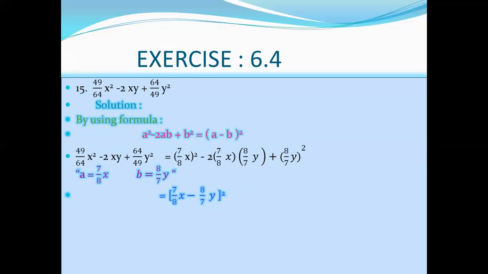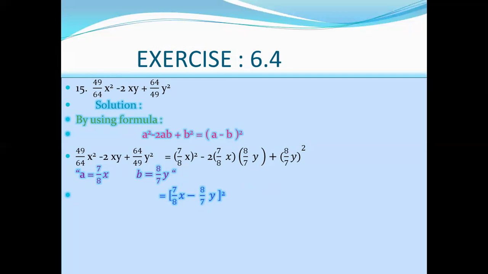So convert the numbers simply: 7 over 8x whole square and 8 over 7y. A is 7 over 8x and B is 8 over 7y. They both are the reciprocal of each other, only the variables are changed.